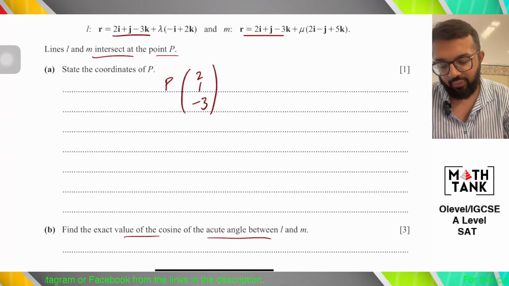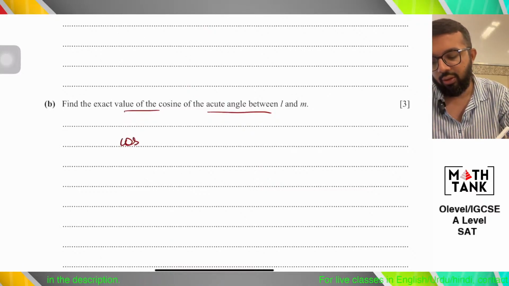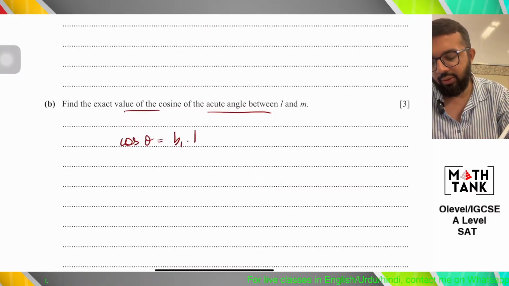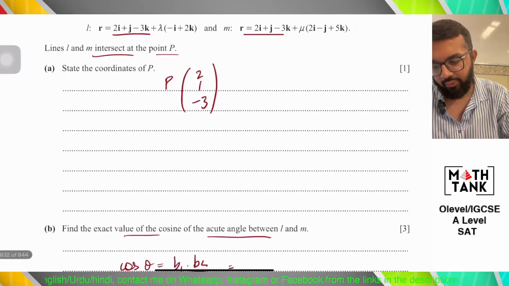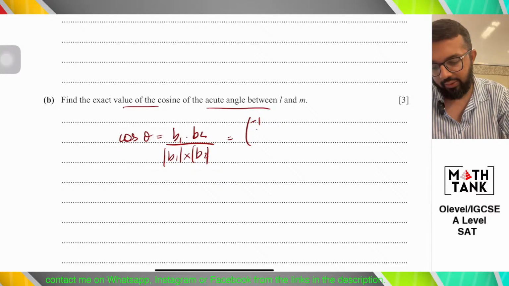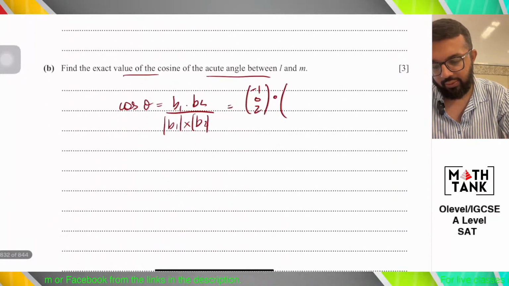Find the exact value of the cosine of the acute angle between L and M. So cos theta equals B1 dot B2 over mod of B1 mod of B2. So what's B1? Minus 1, 0, and 2, and 2, minus 1, and 5.